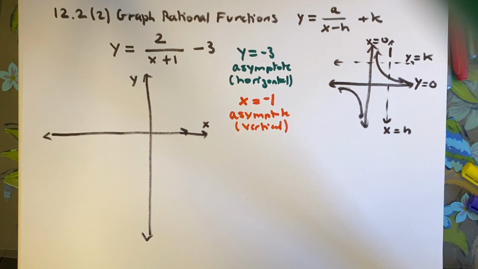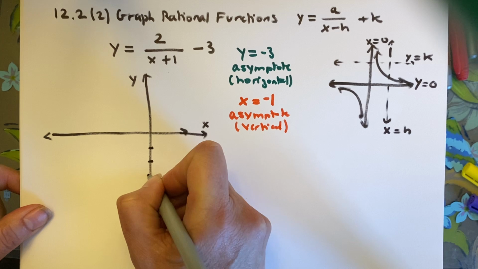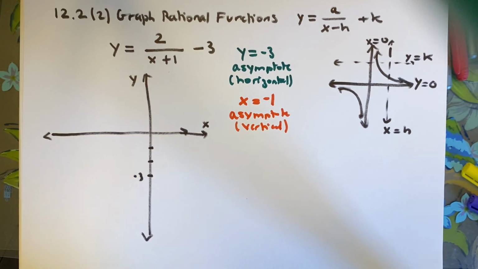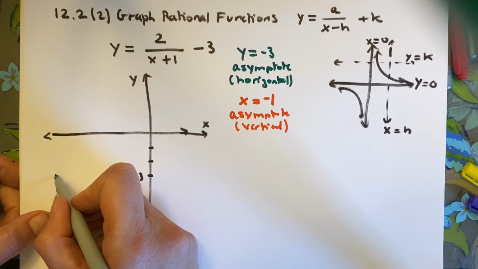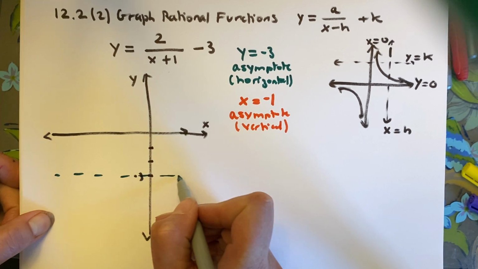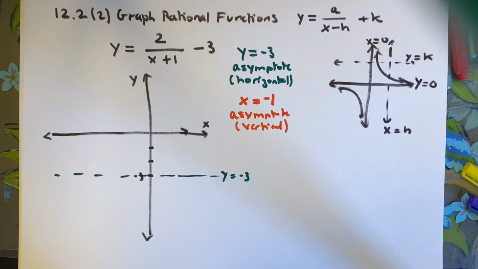Okay, so let me do my horizontal asymptote. So I'm going to go, let's see, -1, -2, -3. So I know my first asymptote is going to be here, y equals -3. So again, an asymptote is the value that nothing can touch.